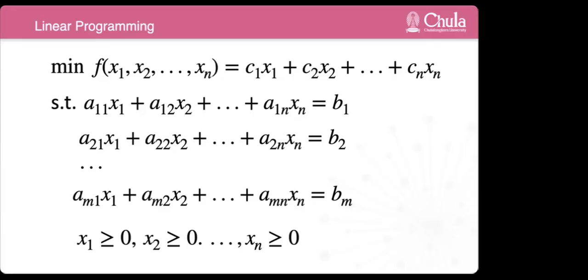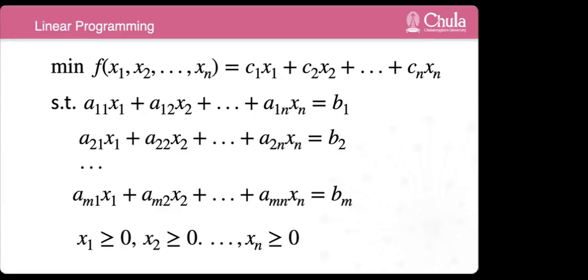Yes, it's a system of equations. Then the problem is defined, and you have an exact solution. When m equals n, your problem is not optimization because it's a system of equations. And if m is larger than n, what happens?